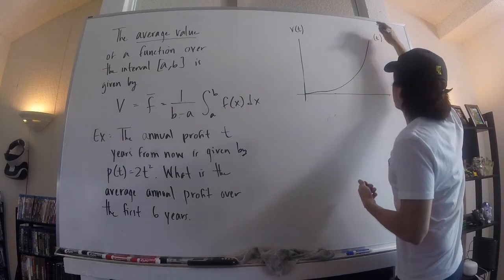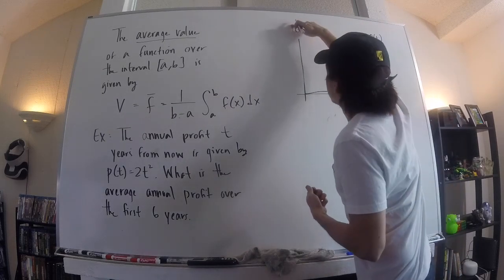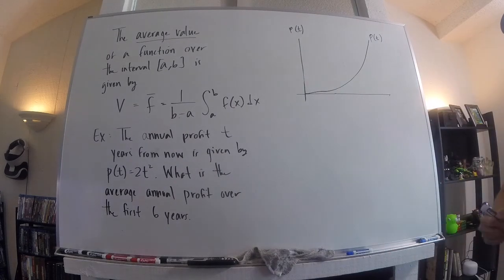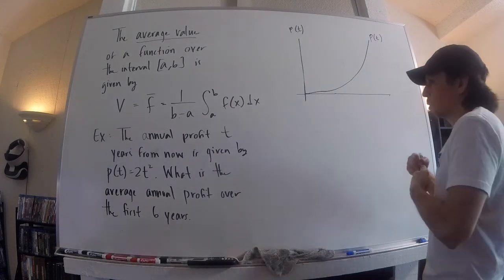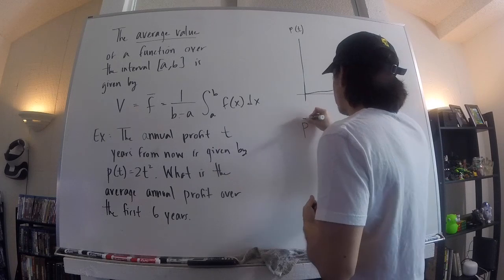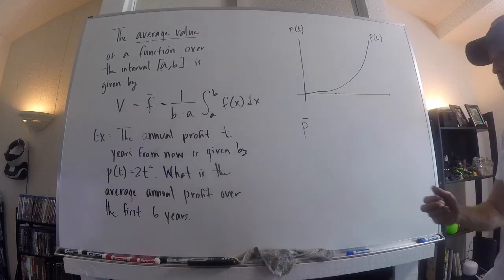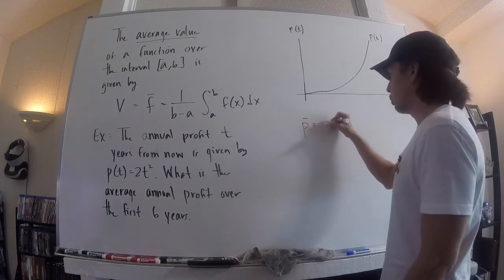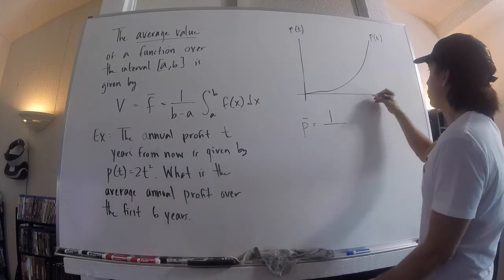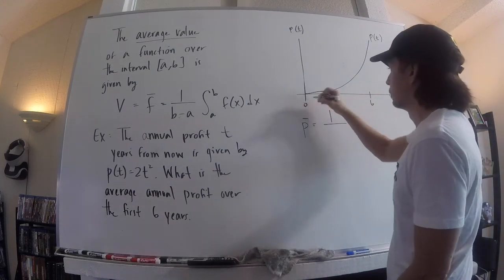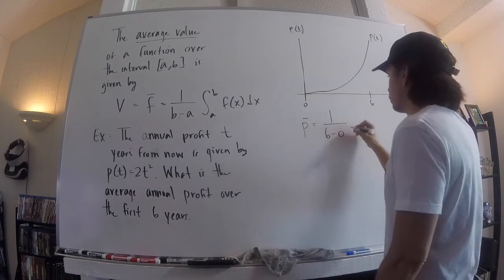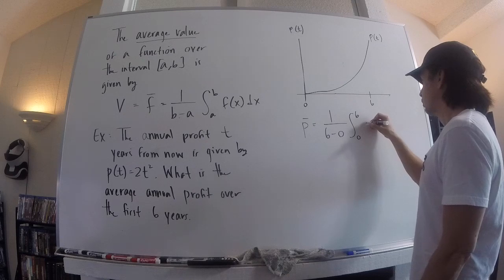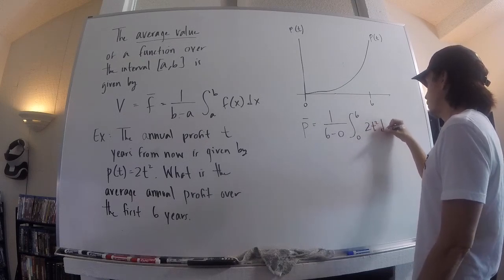Anyway, let's go back to profitability. I'm just going to follow the formula for now, but then I'll talk about what it's doing. So your average profit, your average annual profit, because that's what P of t represents, annual profit per year, we're going to get by doing 1 over 6 minus 0, integral from 0 to 6 of 2t squared dt.